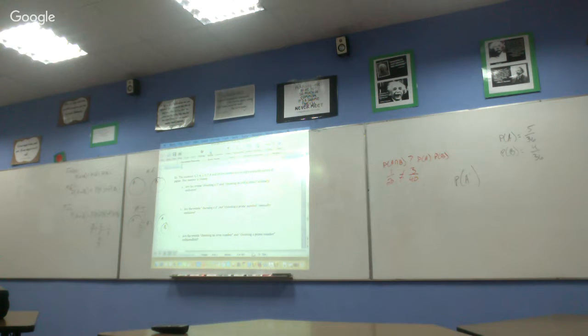Alright, who can go do part A? This is very much one of those questions that we just asked ourselves. How do we decide whether two events are mutually exclusive? How do you show two events are mutually exclusive? We could do a Venn diagram.